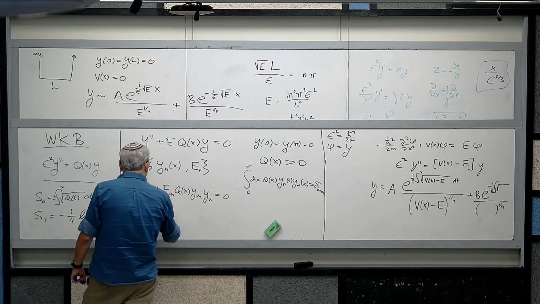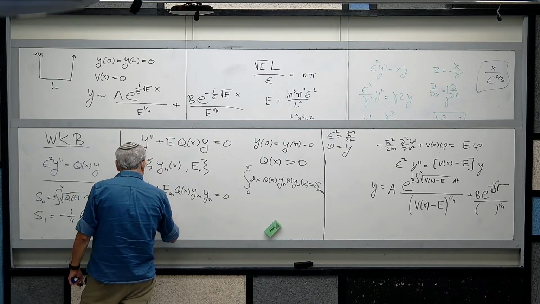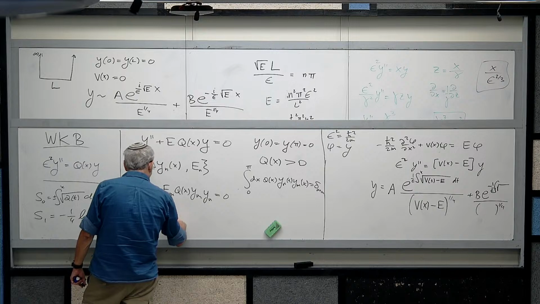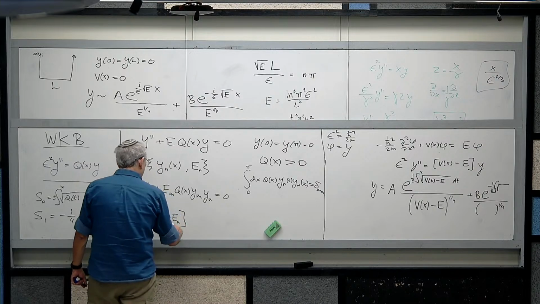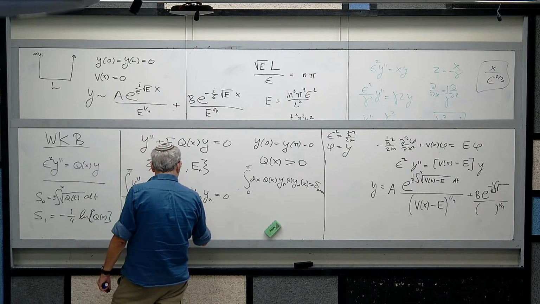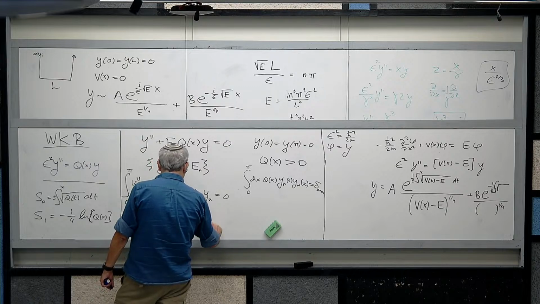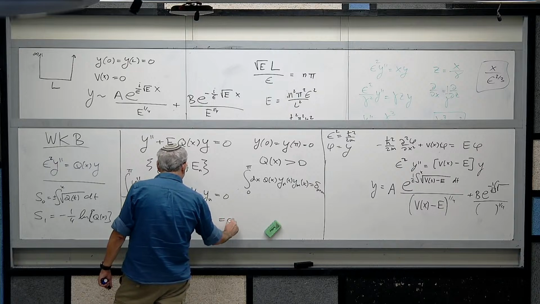So I have ym, and here I have em minus en times q of x times yn. This is 0.